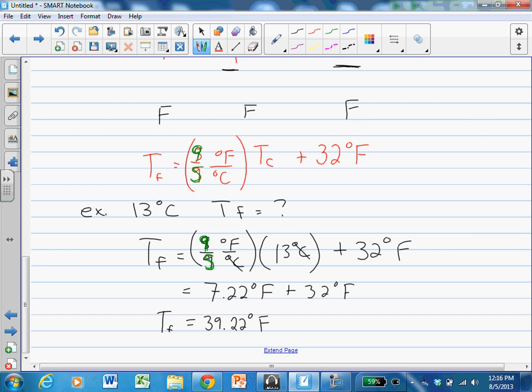So 9 times 13 divided by 5. So this should be 23.4 degrees Fahrenheit. And then when you add 23.4 plus 32, you get 55.4 degrees Fahrenheit.